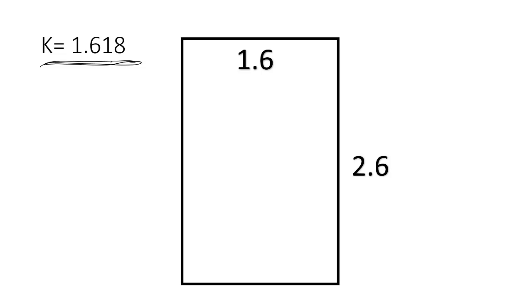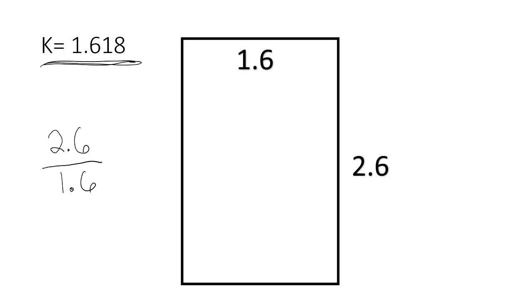I want to know, is this a golden ratio? I got a golden rectangle. Is this a golden rectangle that forms a golden ratio? I see here it says that it's 2.6 long and 1.6 wide. So I'm going to take 2.6 by 1.6.